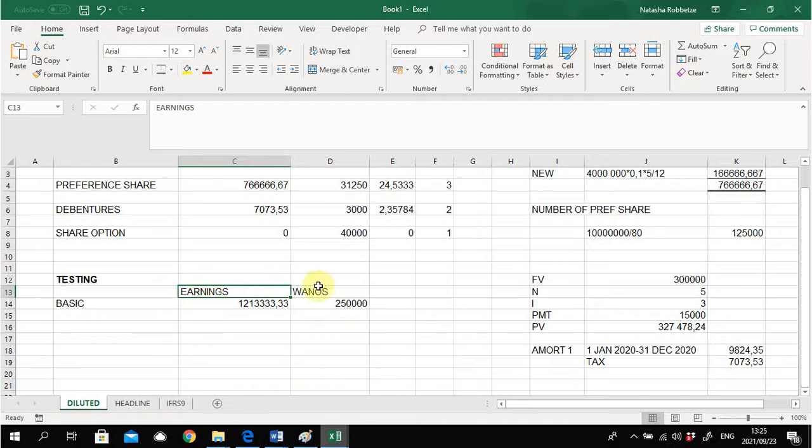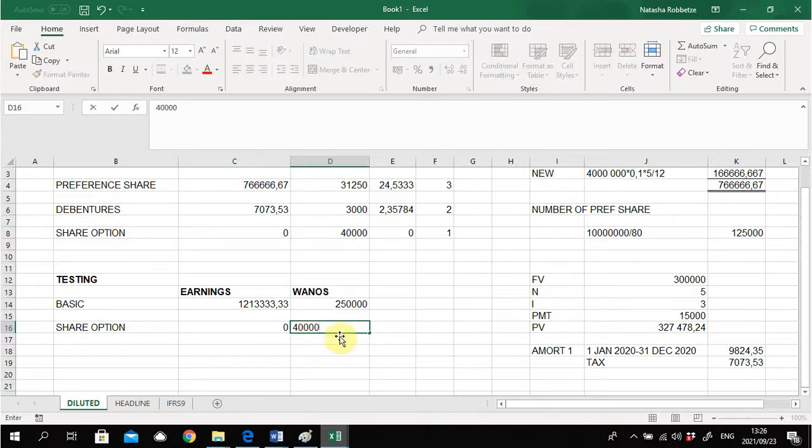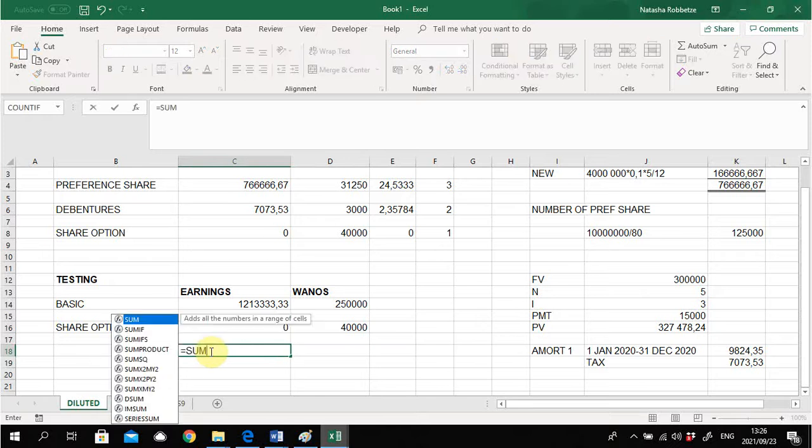And from this point forward, we now use our ranking. So the share options were ranked first, so that's the one that will go into testing first: 0 earnings and 40,000 shares. And then we need to get to a rollover total.